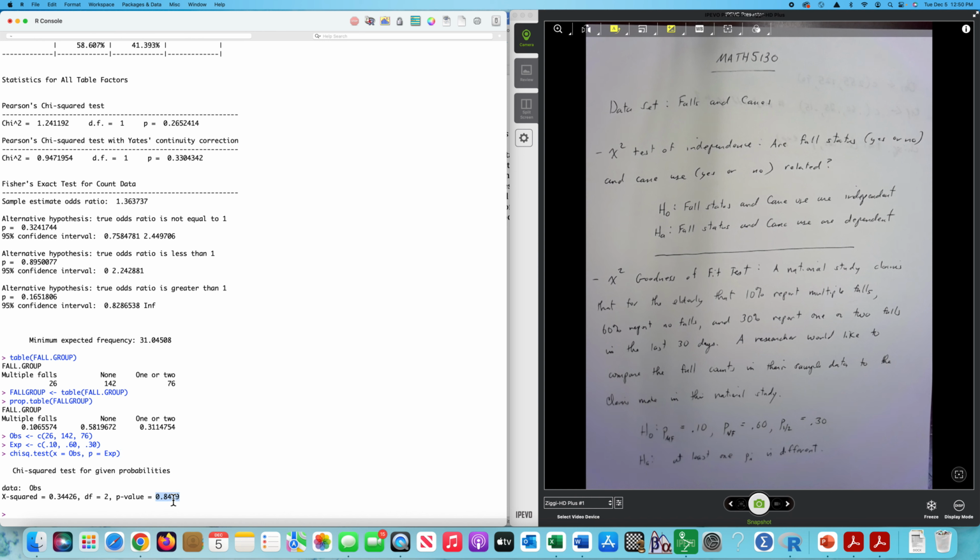So we do not have statistical significance, so the null hypothesis is more believable. We conclude that there's no reason to feel that the percentage of fall categories in our sample data differs from the national study claims.